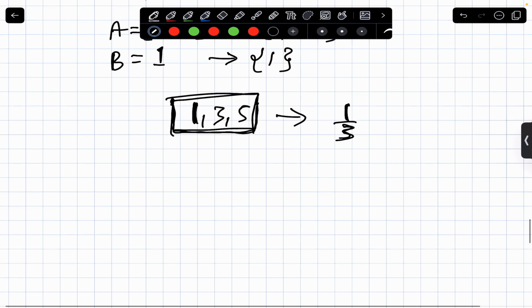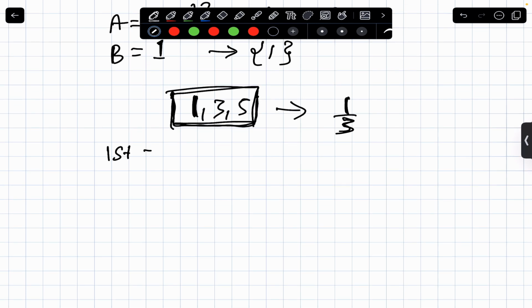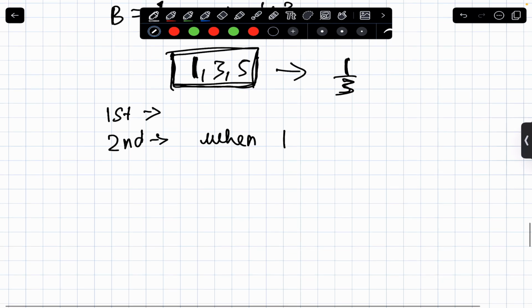So see, the first question was this, and in the second question we are saying that the die is 1, and we don't know whether it will be odd or not. So what is the probability of it?